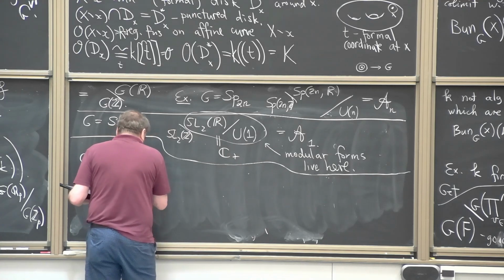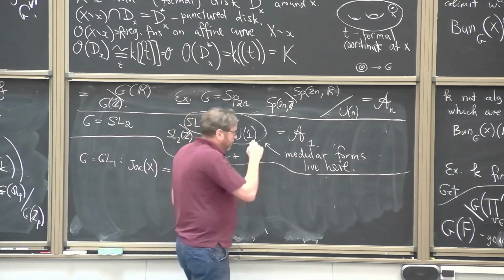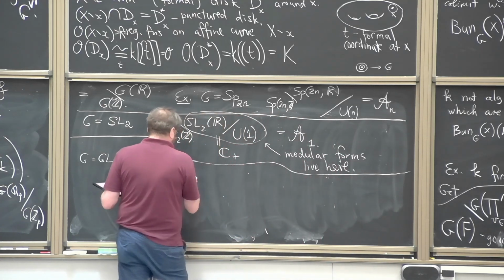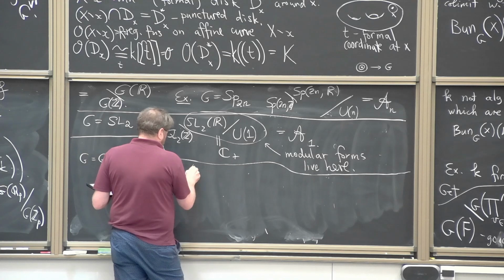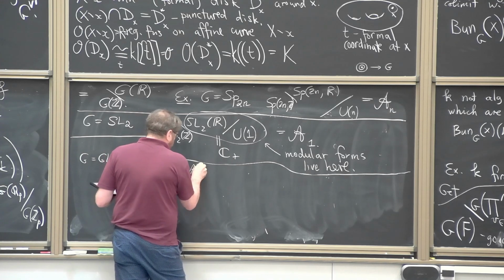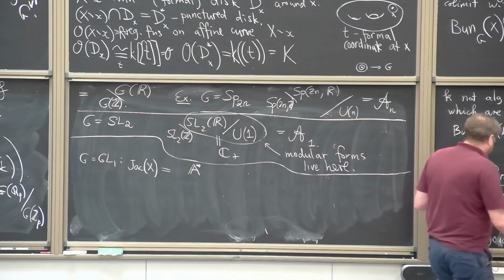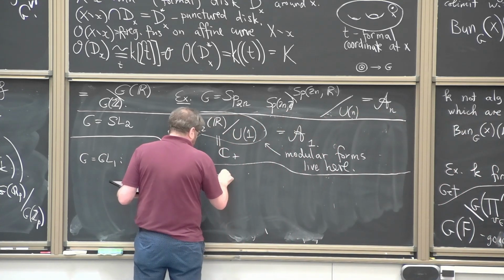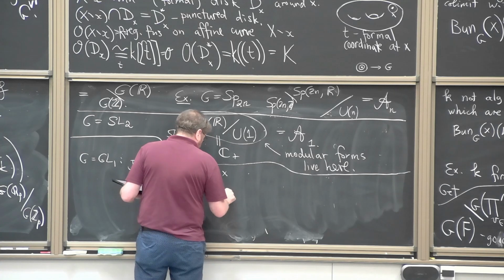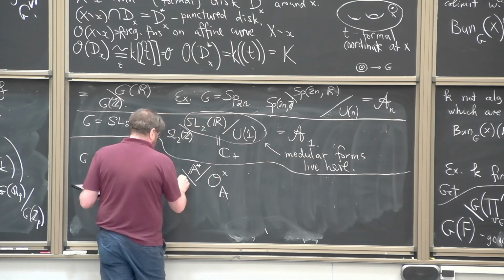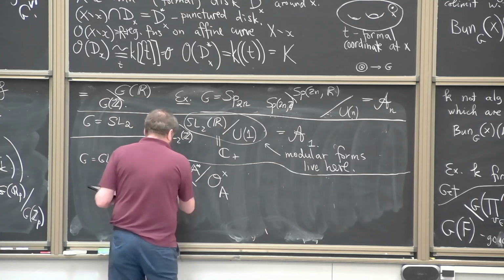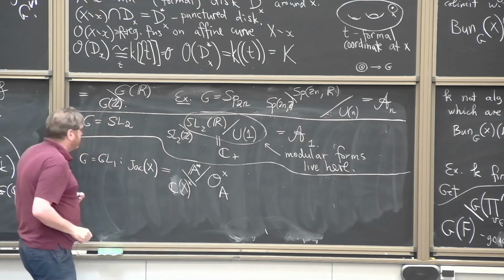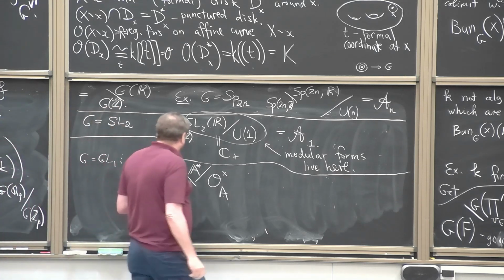And I invite you to think about it: if G is equal to GL_1, what you obtain is that the Jacobian of X, in which I pick a 0, so it's a group structure, is the multiplicative group of A, which means invertible elements here, modulo the multiplicative group of the ring of integers, and modulo, well, let's work over C, then it will be like that.